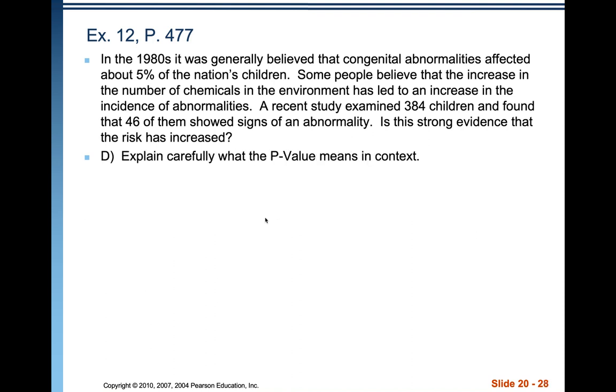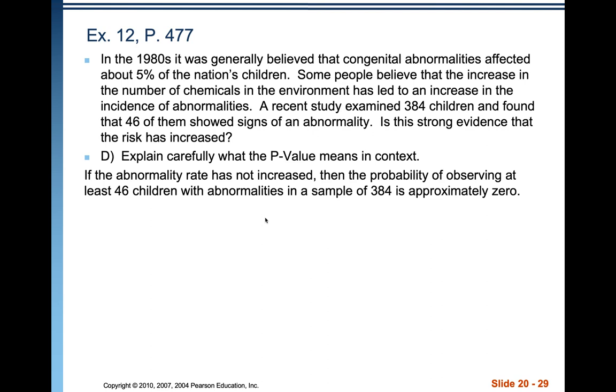Explain carefully what the p-value means in context. If the abnormality rate has not increased, then the probability of observing at least 46 children with abnormalities in a sample of 384 is approximately 0. So if you look, this first clause right here, if the abnormality rate has not increased, this is the null hypothesis.